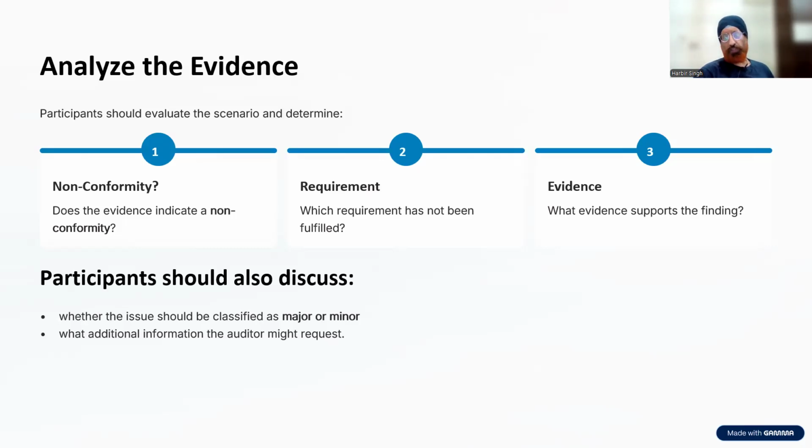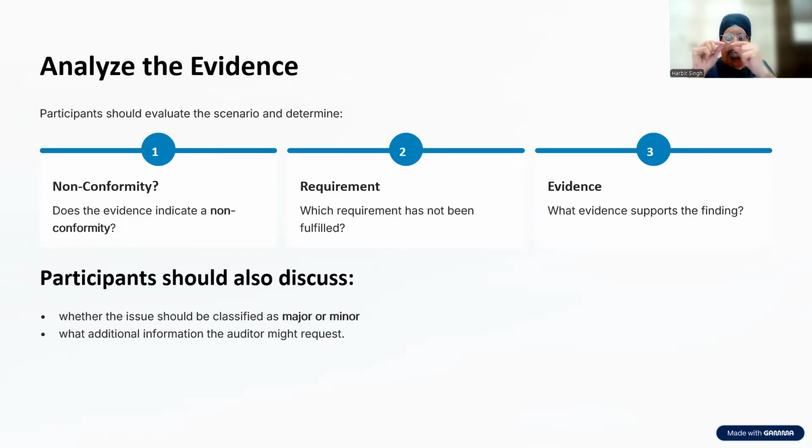But you might ask yourself, okay, I have identified the non-conformity, but which requirement is challenged corresponding to this non-conformity? So you have to identify that specific requirement which is challenged by this non-conformity.